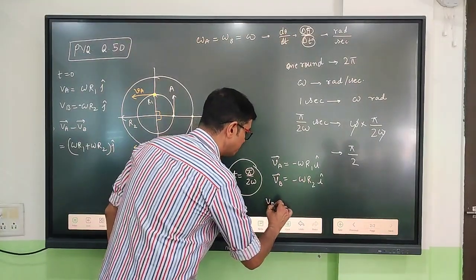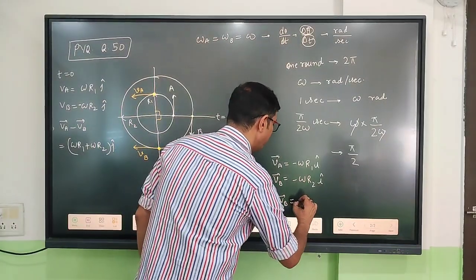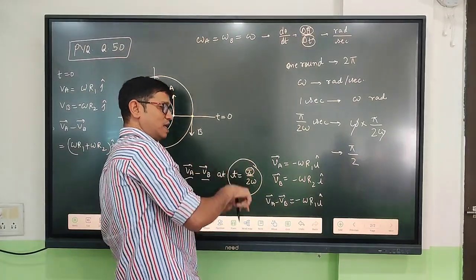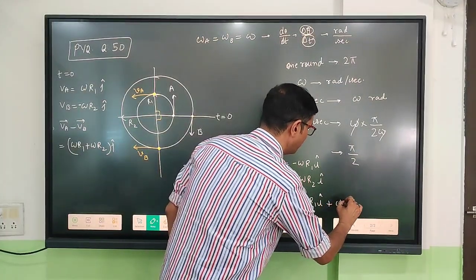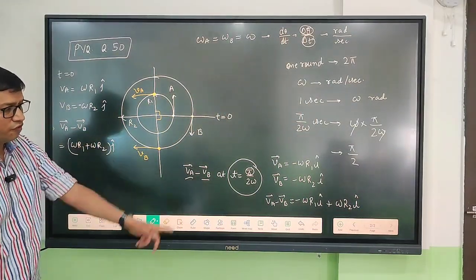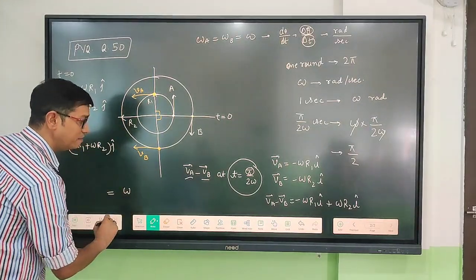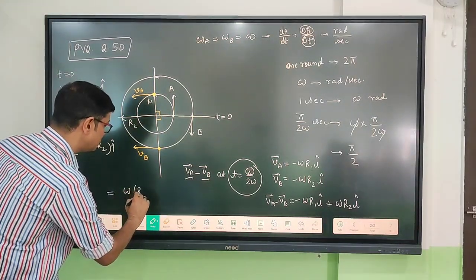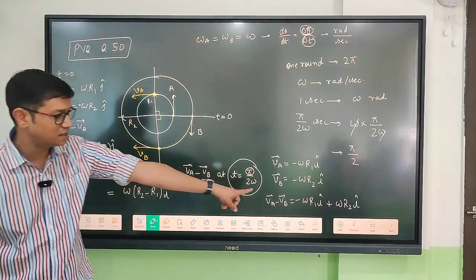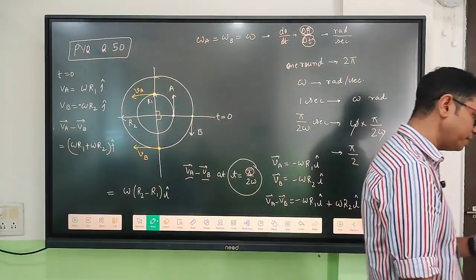When you do VA minus VB vector, VA minus omega r1 I cap and minus, so minus minus plus omega r2 I cap. So if you want to write it nicely, it will be is equal to omega times r2 minus r1 I cap, because r2 is in plus, r1 is in minus, omega common, this. So which option is going to be?